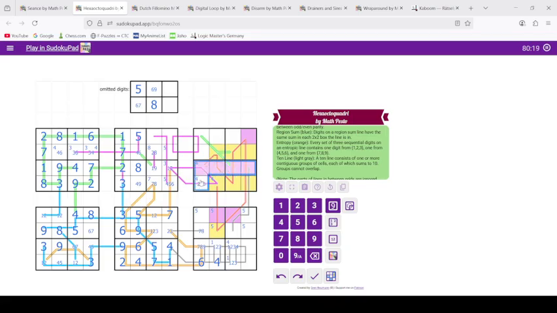So if pink is blue, there's 2 more pinks in the grid. 2 more blues in the grid, really.